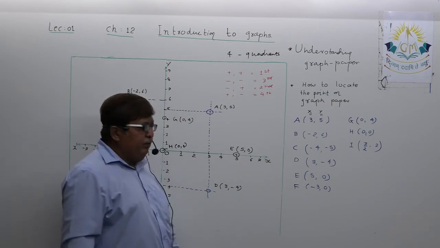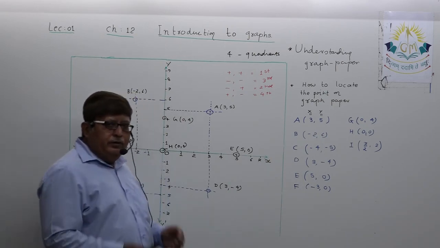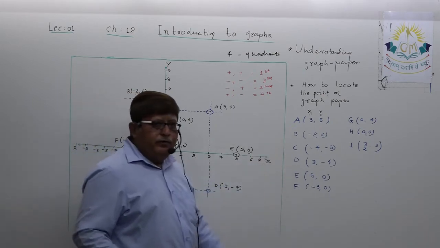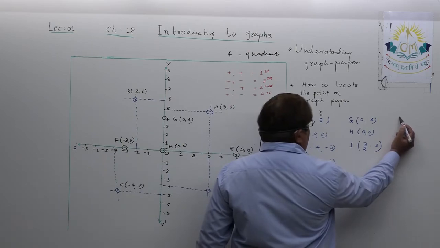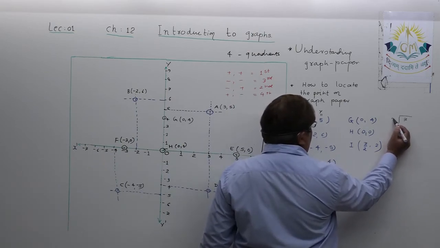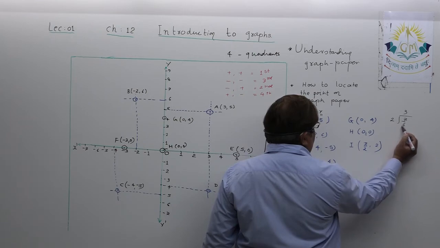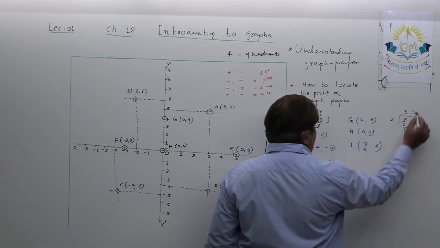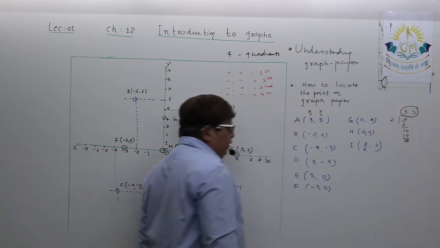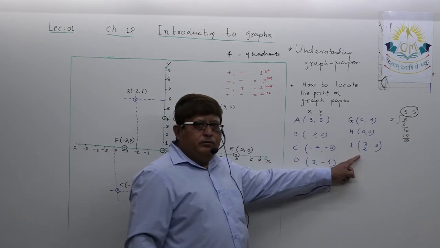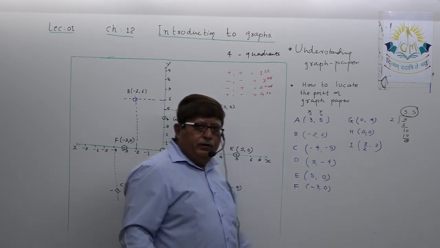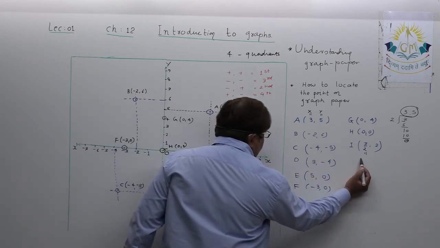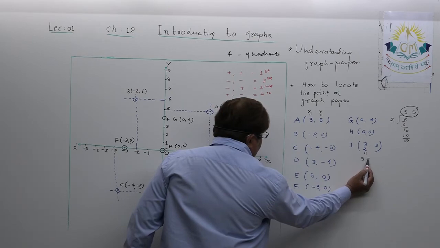Here so far we have represented only the integers. But see 7 upon 2, if you just divide, ultimately 7 upon 2 means 3.5. So x coordinate here is written as a fraction, but actually it becomes 3.5.